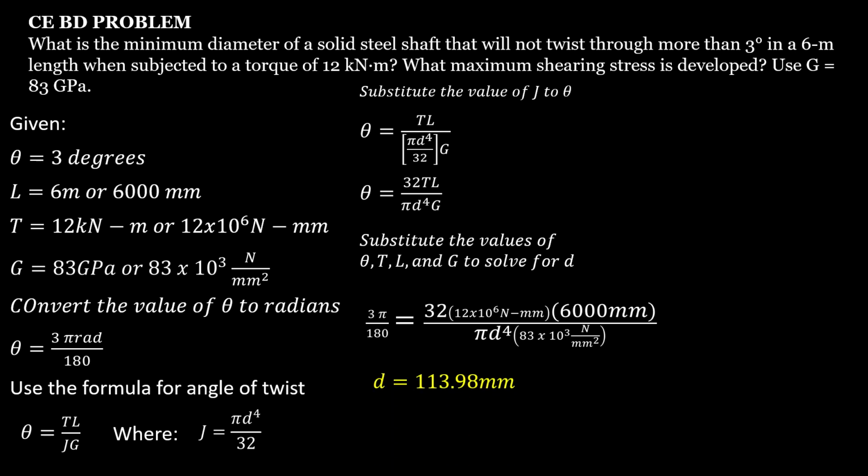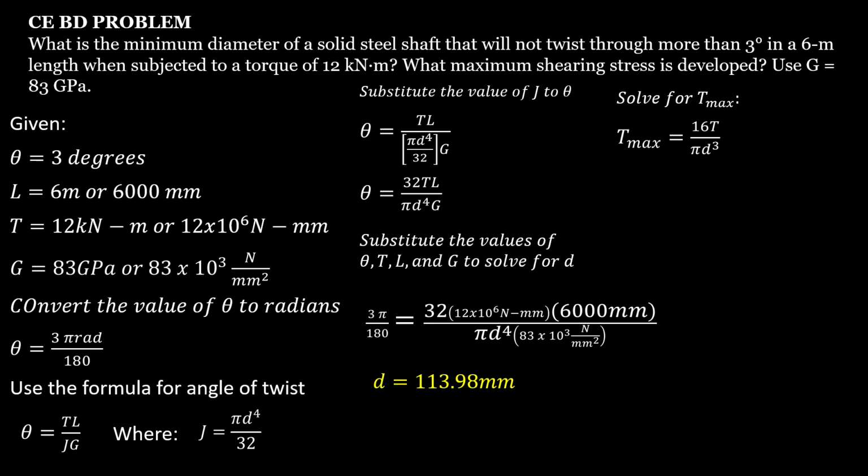Calculating for it using our Casio or Canon calculator, our final answer for D is 113.98 millimeters. Let us now solve for the maximum shearing stress developed. And the formula that we will use is 16 times T all over pi d cubed.